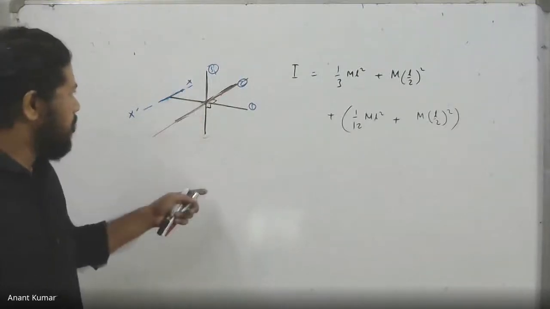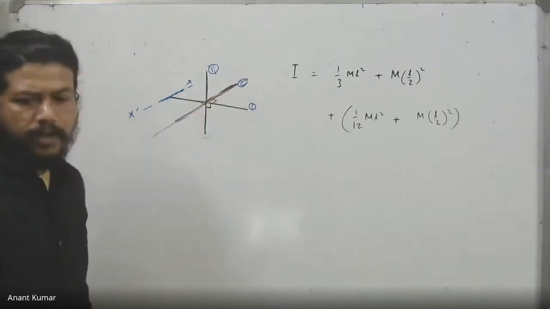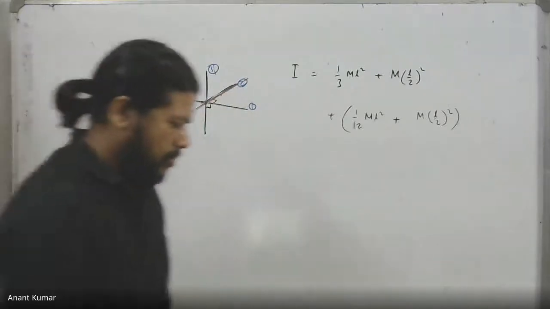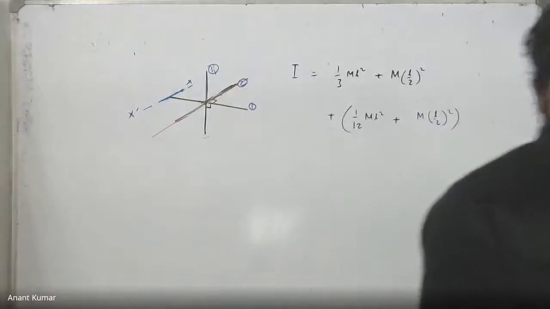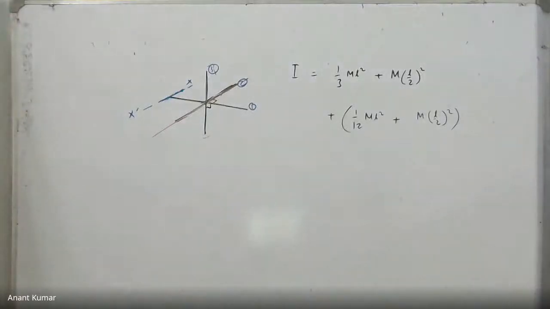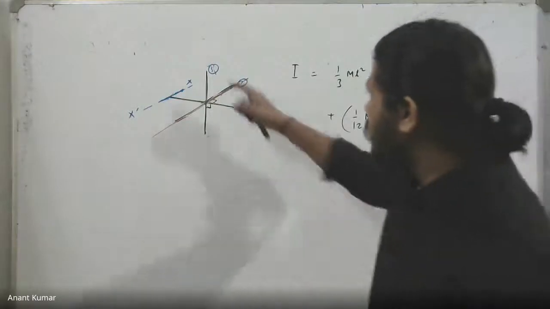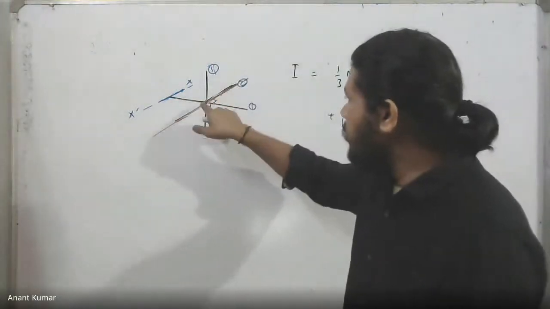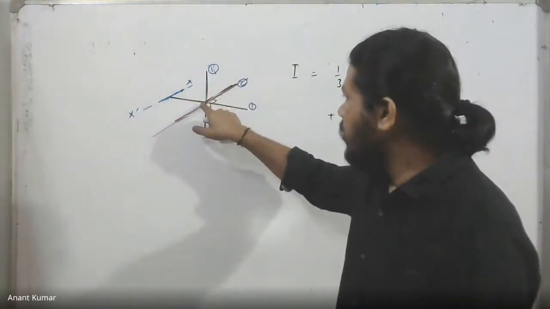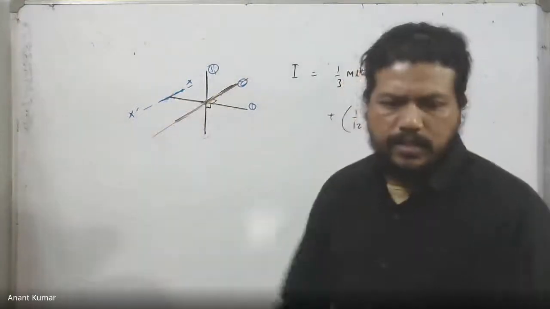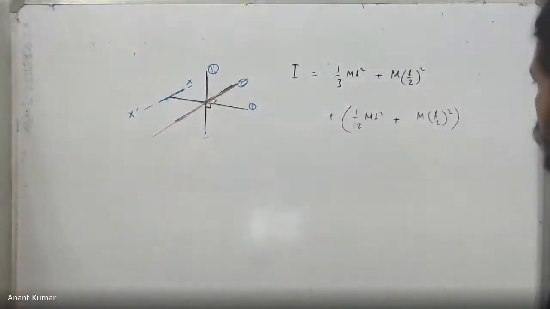For the third rod, that axis passes right through the second rod. So first about that axis, it becomes ml square by 12 because it is the middle, and then we concentrate the full mass of this rod as a point mass at the center and calculate the moment of inertia of that point mass about this axis. So that will become m into L by 2 whole square.